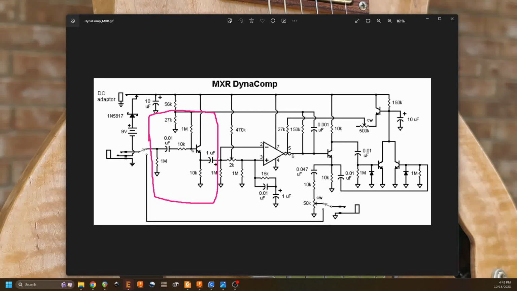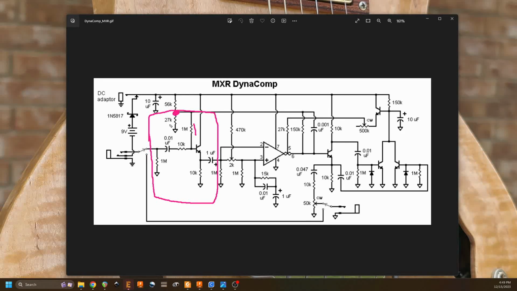And the base of our BJT is being biased through this 1 meg resistor from this reference voltage that is right here. Now you'll notice that these two resistors are not the same value, which means that we're not just taking the input voltage, our 9 volts, and dividing it in half.